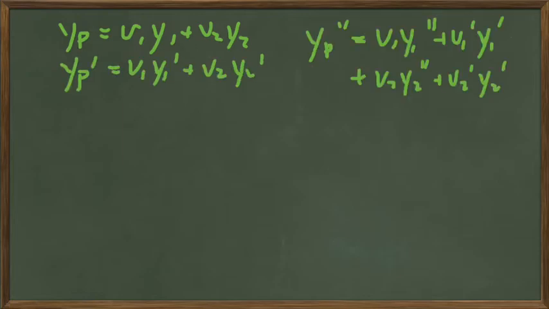yp was v1 y1 plus v2 y2, yp prime was v1 y1 prime plus v2 y2 prime, and let's plug that information into this differential equation that we started with, a y double prime plus b y prime plus c y equals g of t.